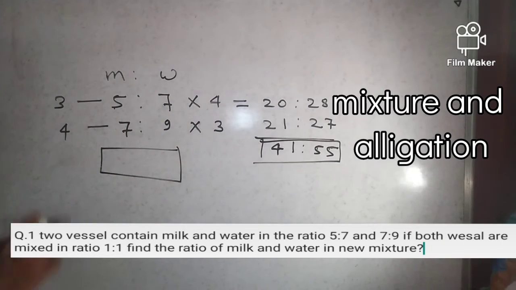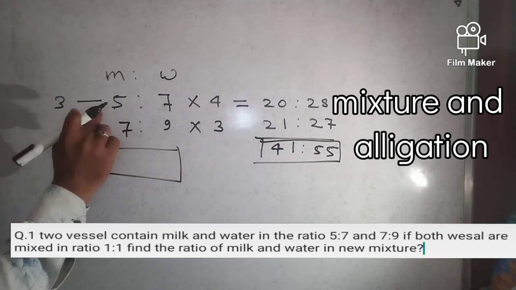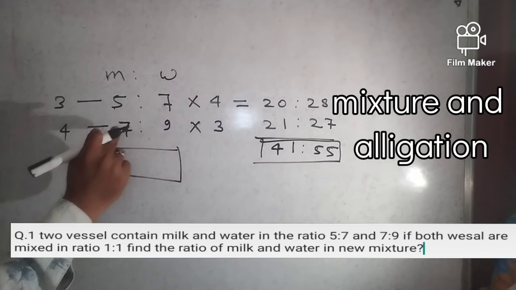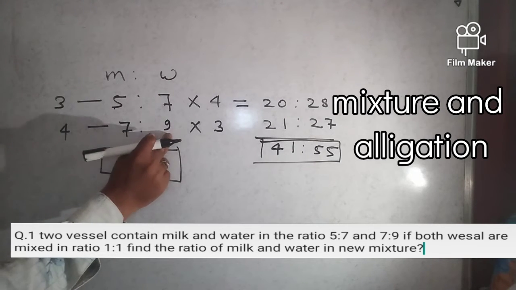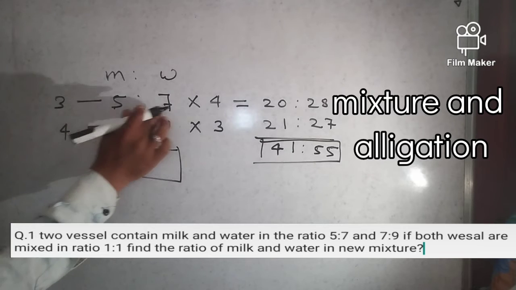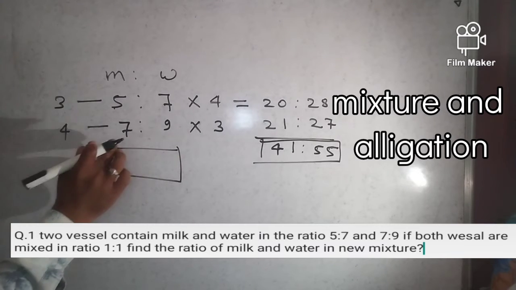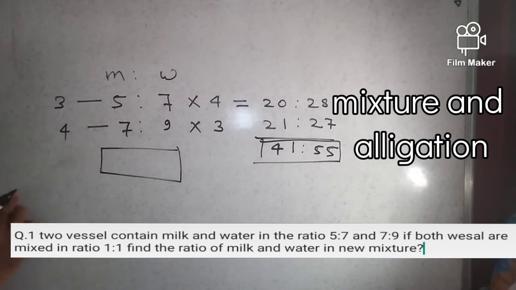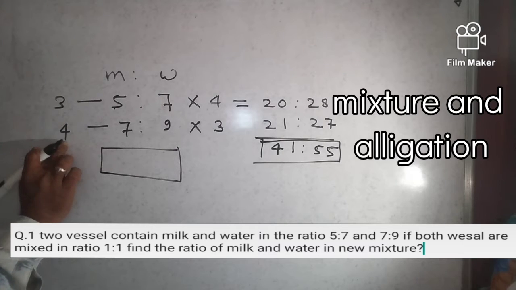Now see here, friends: milk and water in the first container is 5:7 and in the second container 7:9. 5 plus 7 is 12 and 7 plus 9 is 16, but 4 threes are 12 and 4 fours are 16. So for simplification, this is 3 and this is 4.